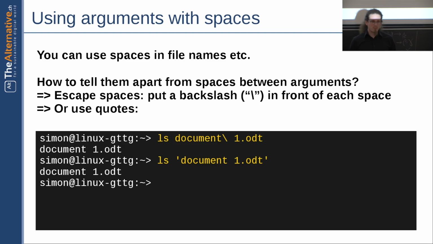It will make your life much easier. There will come a point where something doesn't work quite as you intend if you use special characters, but there's a way around, at least around spaces. If you put either a backslash in front of the space or surround the whole file name with quotation marks, you can use spaces, but it's not recommended.